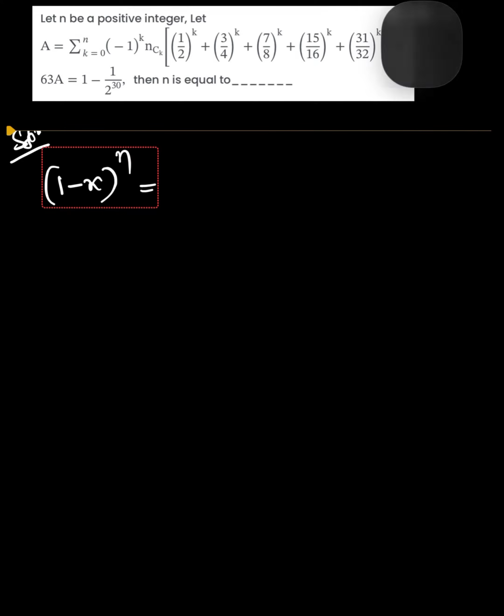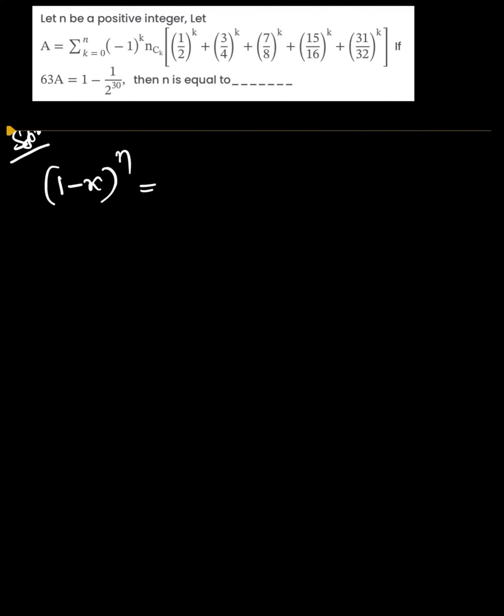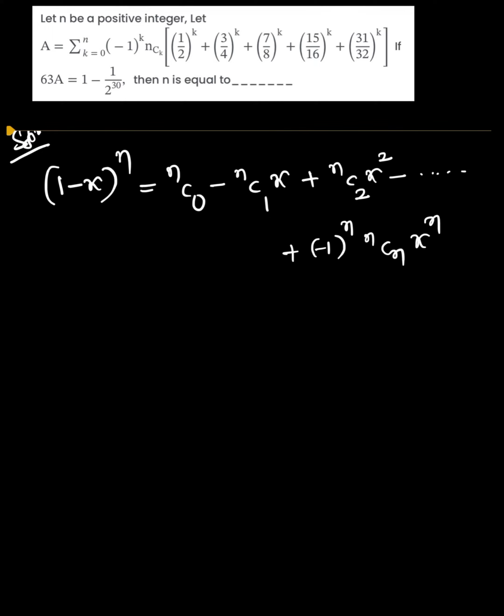The expansion of (1 minus x) whole power n is nC0 minus nC1 x plus nC2 x squared minus and so on, and the last term is (minus 1) whole power n nCn x power n.